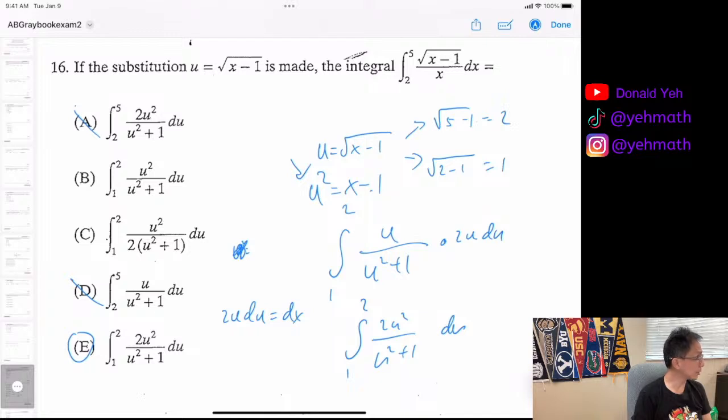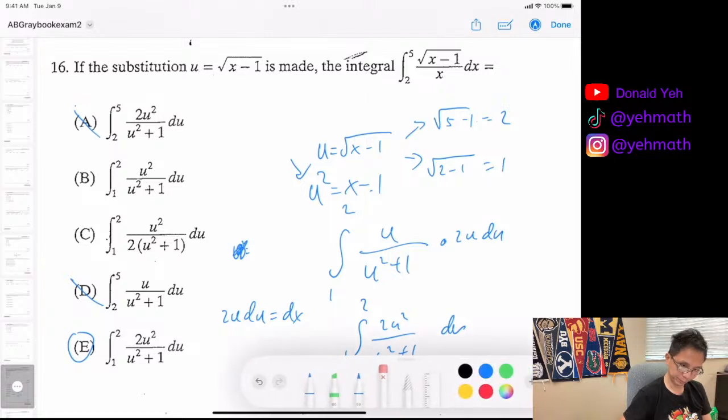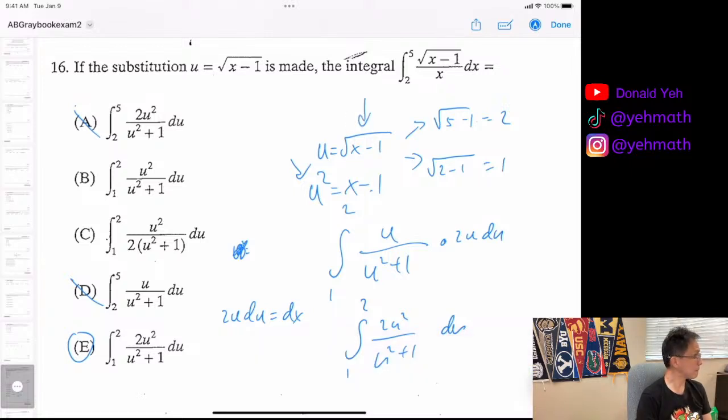Very interesting question, right? Not only do you have to change the boundary, you have to change the dx to du, and you have to change everything in terms of u. So it has 3 elements in there. So why couldn't we just find our du the normal way? Because there's going to be a chain rule, and that's going to be uglier. That's why you use back substitution.